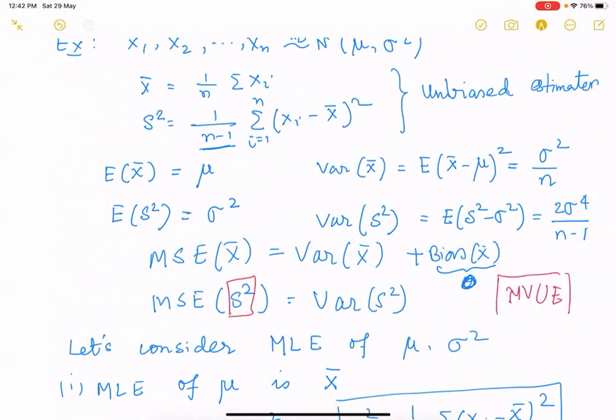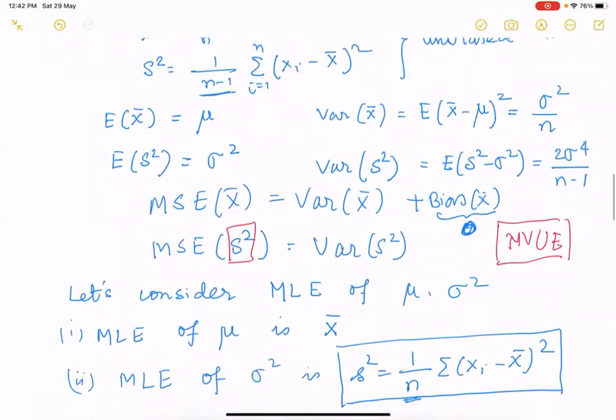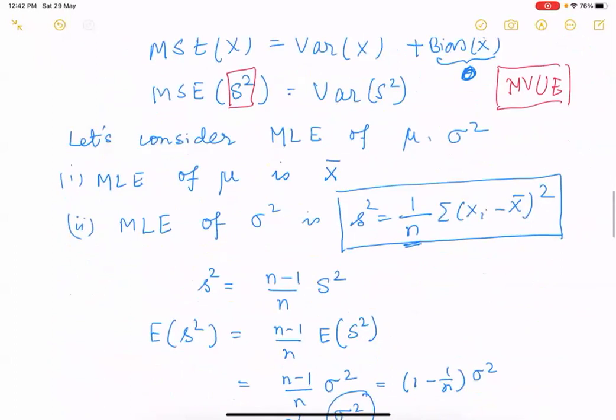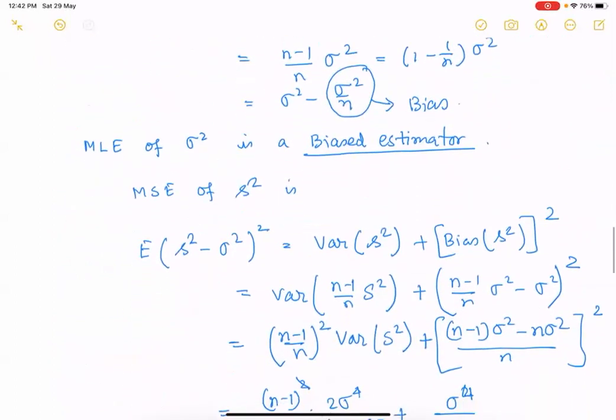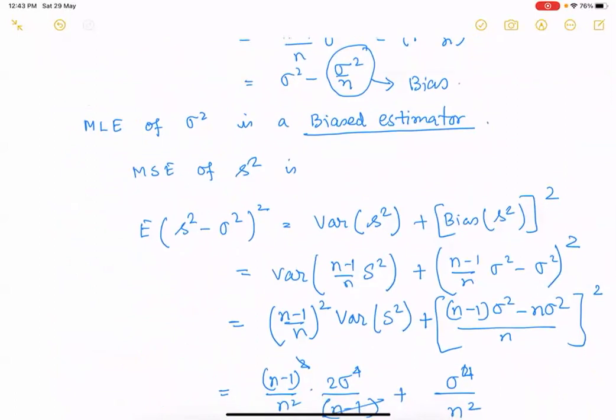A typical statistics department just beats their head finding minimum variance unbiased estimators. But the problem is, if you only focus on minimum variance unbiased estimators, then you are completely losing out the class of estimators where you can induce a little bit of bias, but it can bring a hell of a lot of reduction in overall variance.